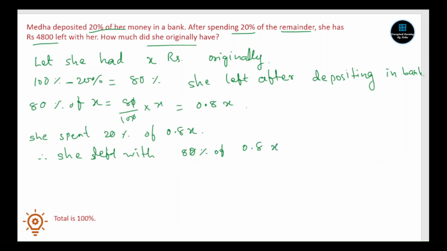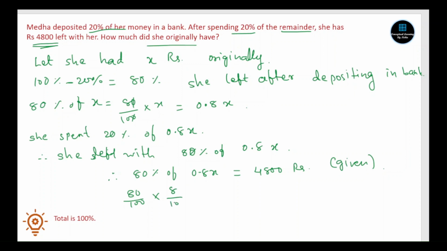It is given that 80% of 0.8x is 4,800 rupees. Therefore, 80% of 0.8x is equal to 4,800 rupees. This is given. And now I can simplify this. 80% is 80 upon 100 into again 0.8.